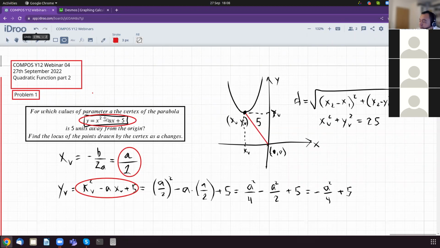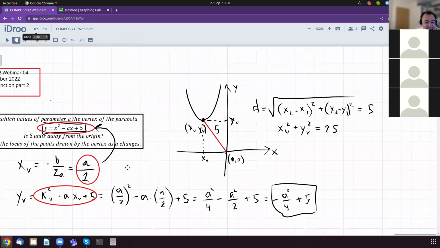Does that make sense? So what we have done, we've just put this into here, and we got this result. Minus b over 2a, yeah, that's minus b over 2a is equal to a over 2.